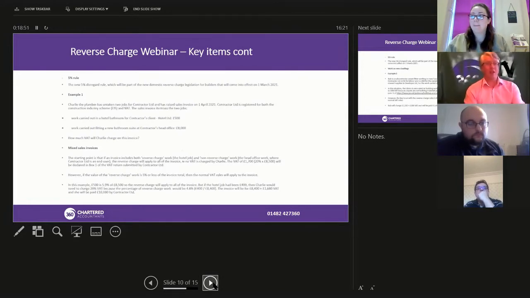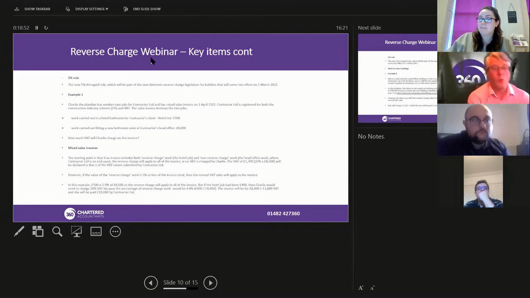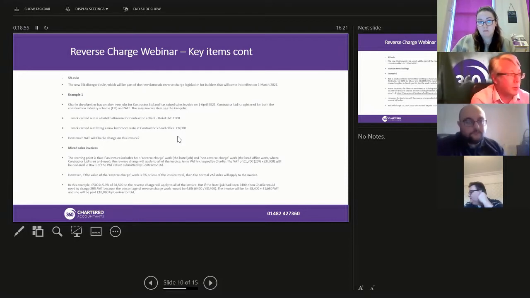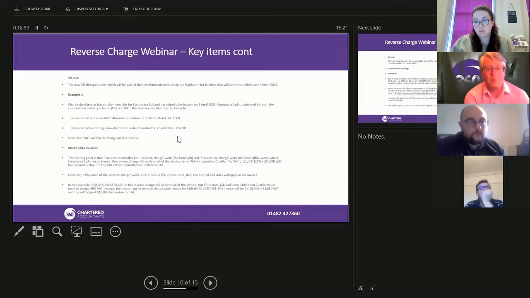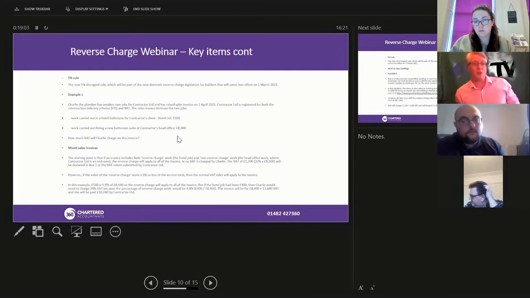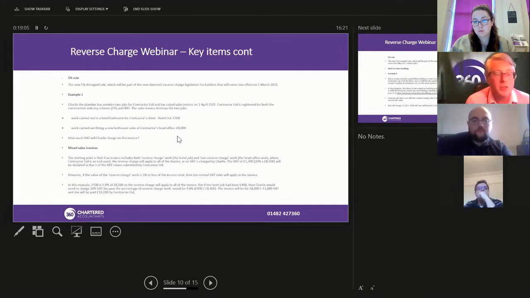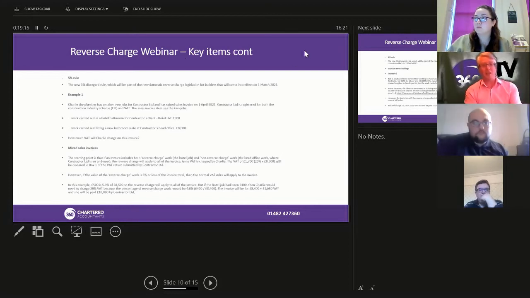Now there is one thing in terms of if you're providing services that come under a couple of, not just one service, but services to do with 2 different schemes. If the amount that falls within the reverse charge is less than 5%, then you disregard the reverse charge scheme.